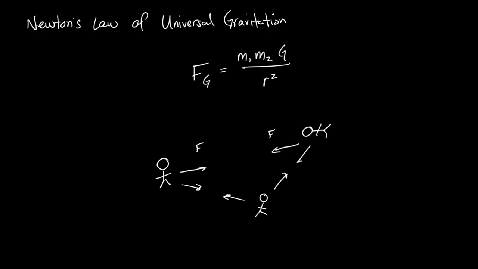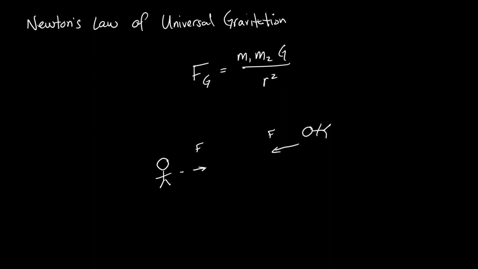This law only works on two things at once. So if I want to find out this force, I have to take these two things into account. But if I want to find out this force, I have to take these two things into account. And I have to take them into account separately. The three-body problem. For our class, just about everything will be just two-body problems, like that.